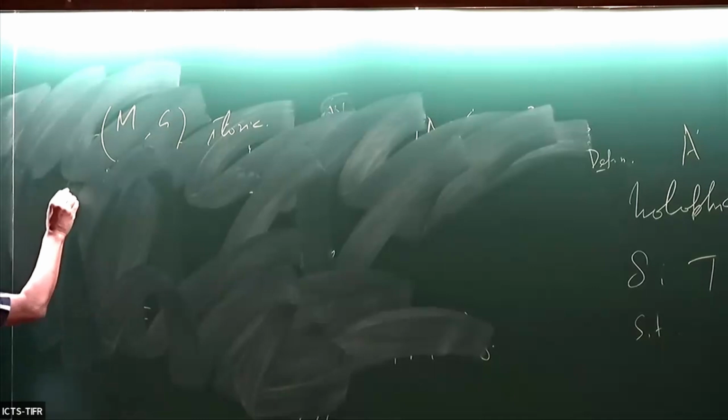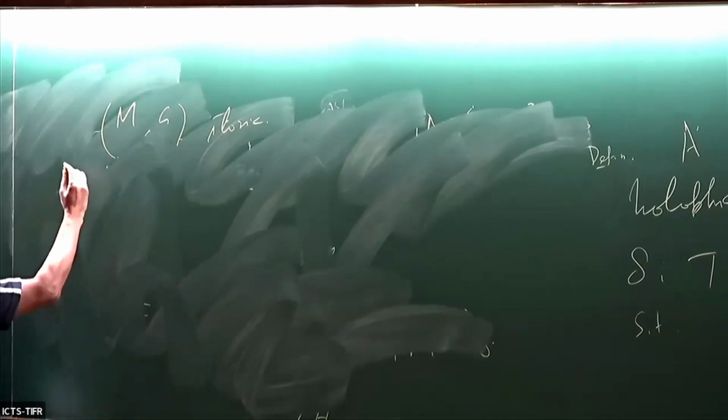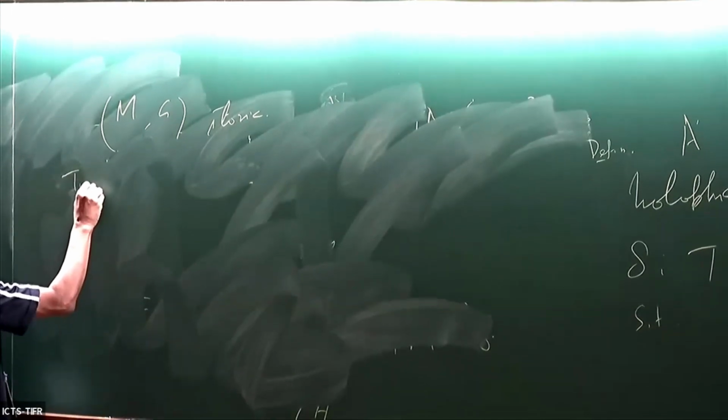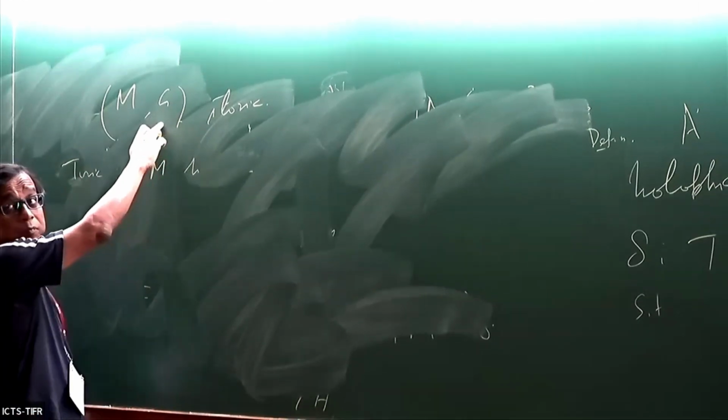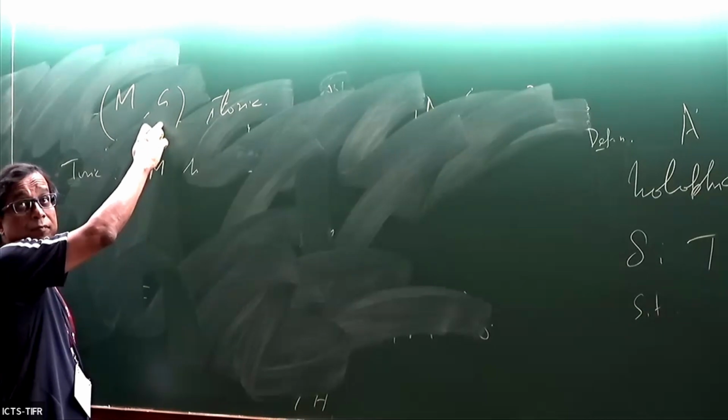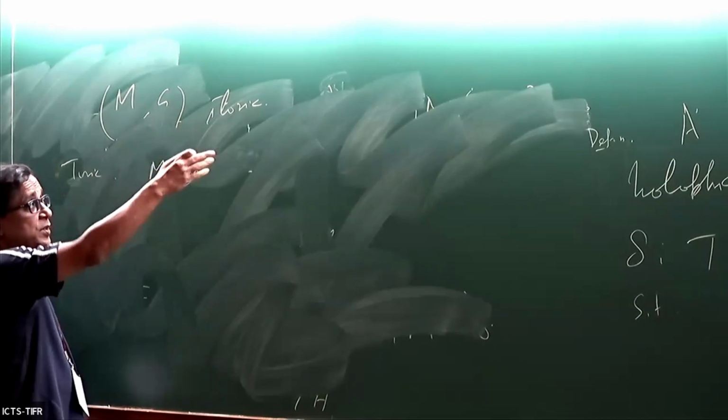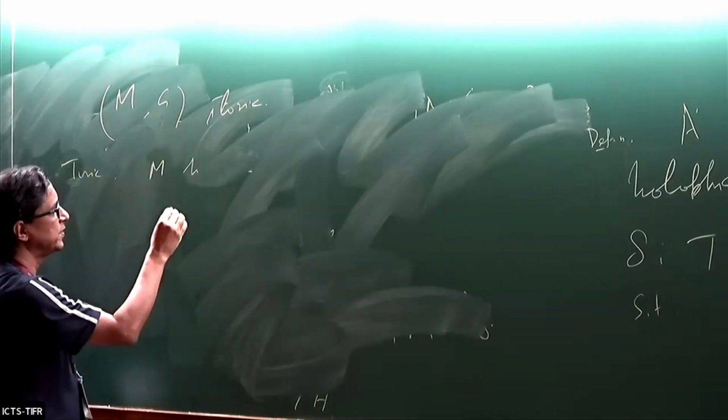Smooth toric. G is a product of copies of C star.